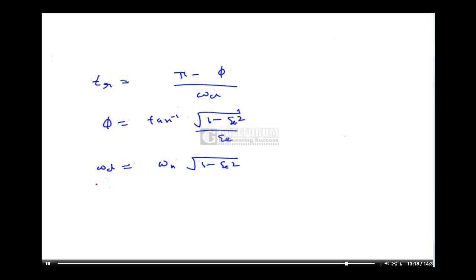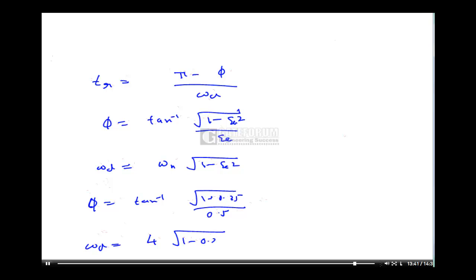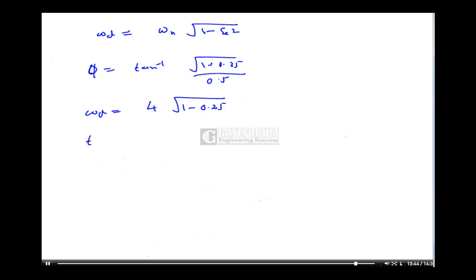So this gives tan inverse of under root of 1 minus 0.25 upon 0.5. Substituting this value of phi, and omega d is equal to 4 under root of 1 minus 0.25. Substituting this, I will get my Tr as 0.6 second approximately.